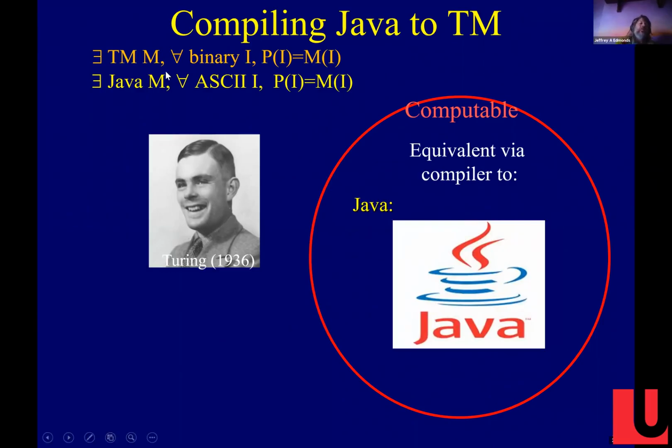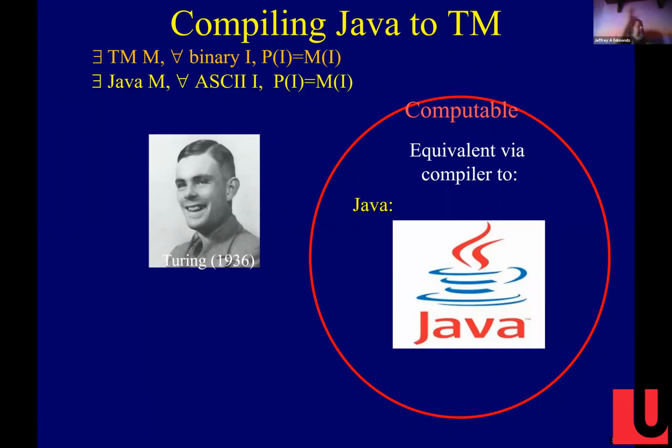Now, it's equivalent to saying a Java program can solve it. So this says there exists a Java program that on all inputs solves the problem. Here, it's computable by a Turing machine. This is saying it's computable by a Java program.